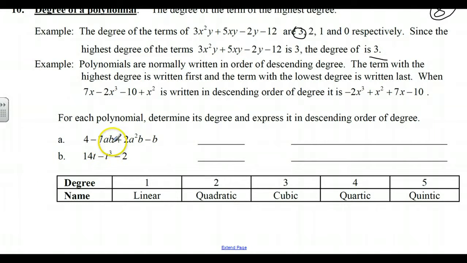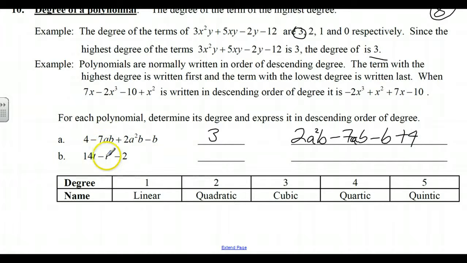For each polynomial, determine its degree. Okay, degree 0, degree 2, degree 3, degree 1. It's of degree 3. And express it in descending order of degree. So we're going to start with 2a squared b, go to degree 2, minus 7ab, degree 1, minus b, and then plus 4, the degree 0 term.